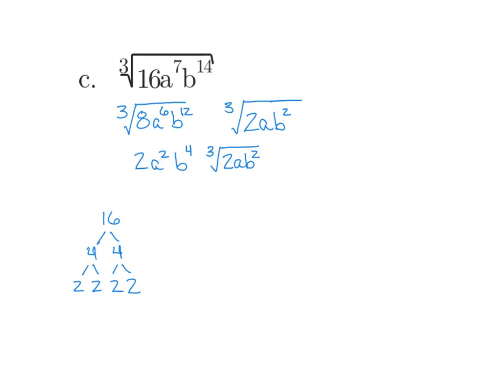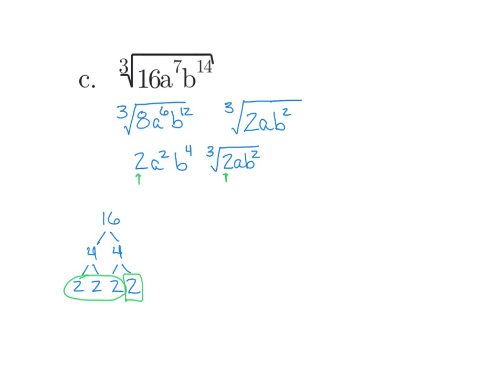Again, what are we looking for? We are looking for groupings of 3. I have one group of 3, therefore I have 1, 2 that can come outside. And my leftover 2 will stay inside.